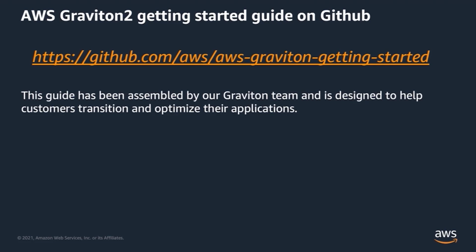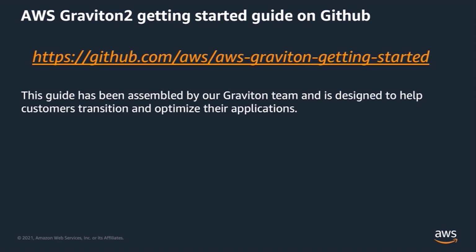Lastly, a great source of up-to-date information on all things Graviton 2 is our Getting Started guide on github.com. We really make sure to keep this fully current, so for any modifications that we make to ARM64 software out in the ecosystem, you can find records of that on this GitHub repo.